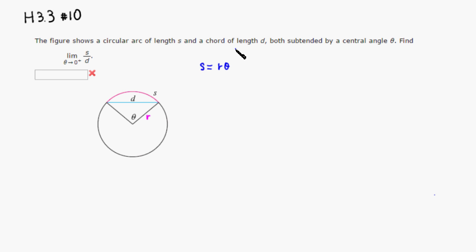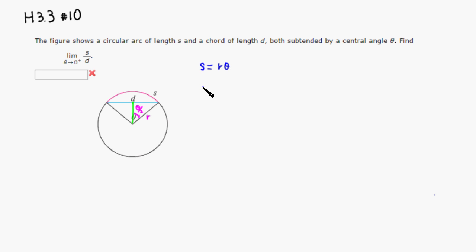Alright, so for d, we have to come up with d, so I'm going to split this in half. This way we have an angle, theta over 2, and half of the d. Maybe we should use sine.